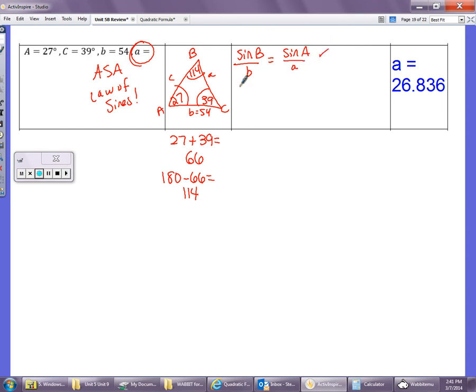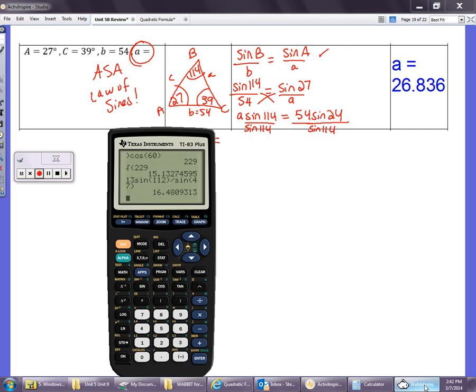Use your formula first. Now plug it in. Cross multiply. Divide by what's next to A. And then once again, you could put it in your calculator just the way that you see it.